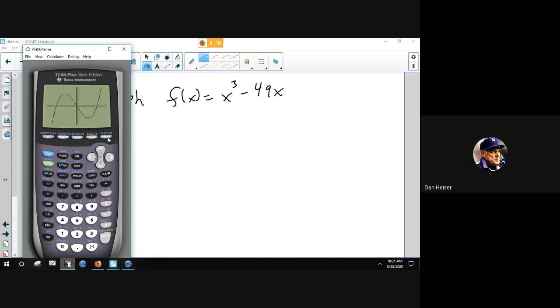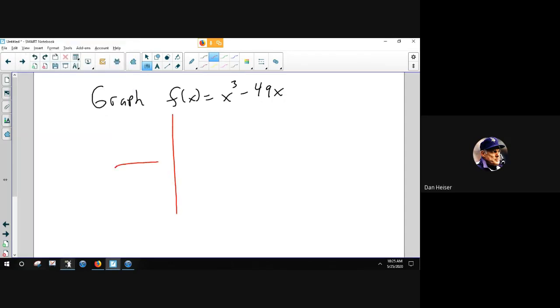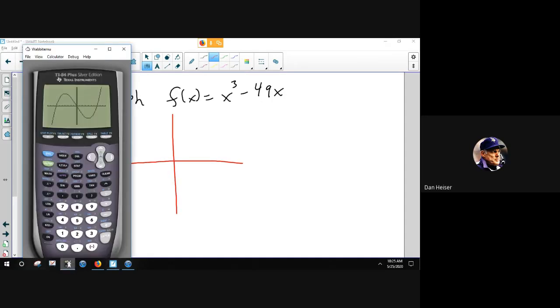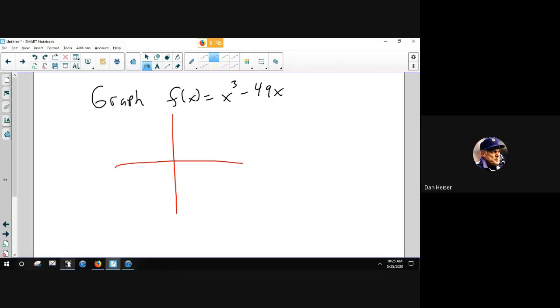So sketch the graph. Well, there it is. I can now go back to my picture here. It's going to do something like this, like so.